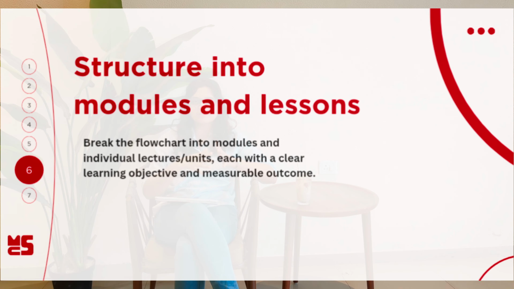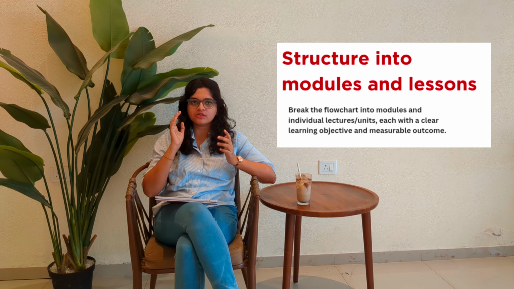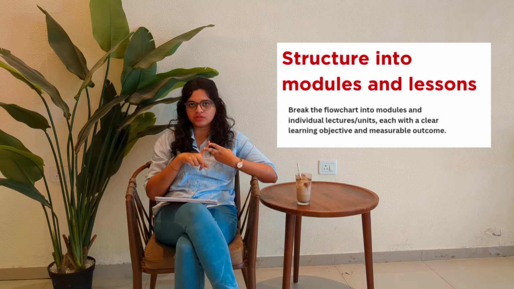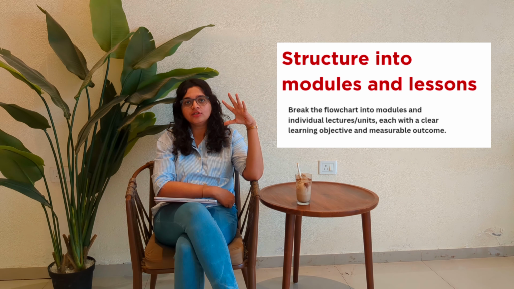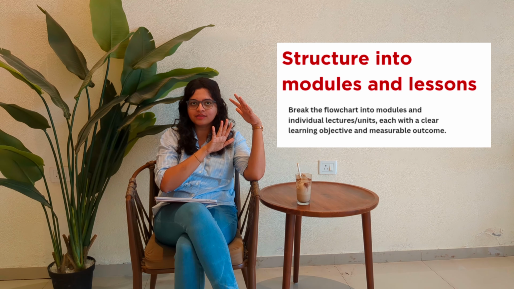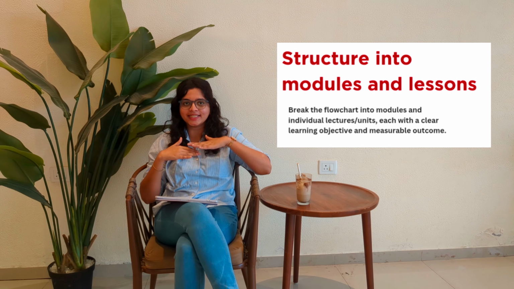So once this flowchart is ready, you're going to structure it into modules and lessons. And you're going to structure it on the basis of learning objectives and measurable outcomes. So for example, if you're teaching, say, Spanish, first you will teach alphabets, then numbers, then basic words, then forming sentences, then different tenses.